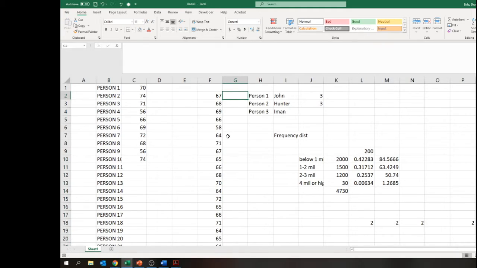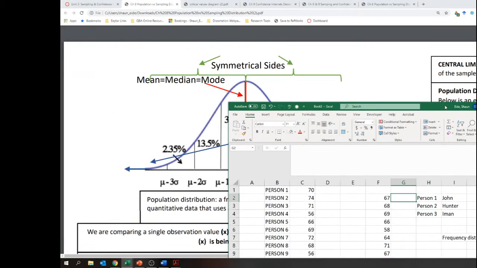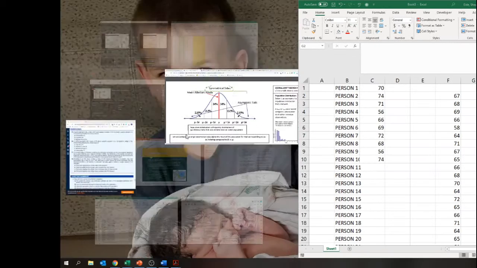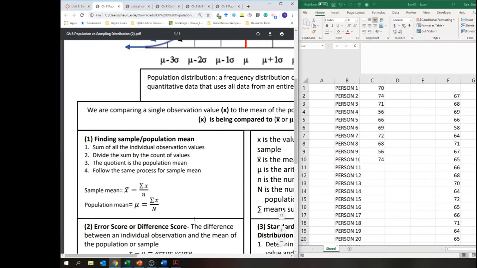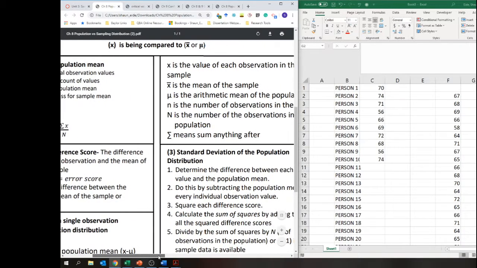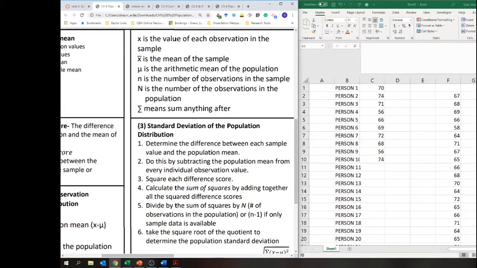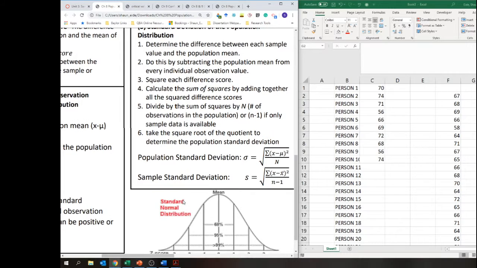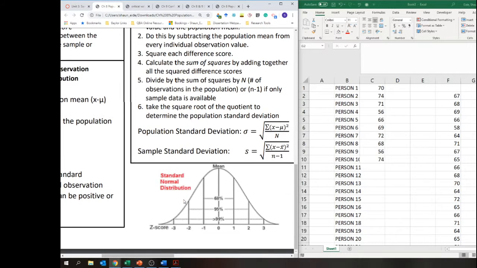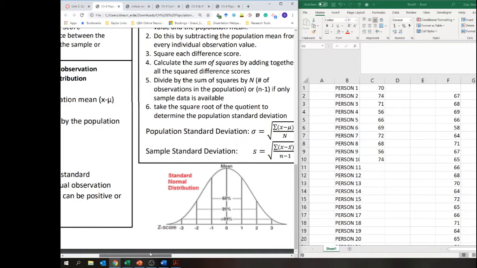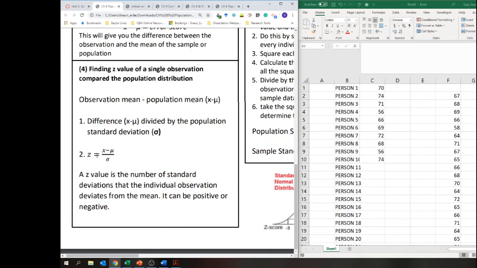If I were to ask, what is the probability that one particular person is going to be below a particular point? You can use the normal probability distribution formula, where you find the z-score, see how far away that is from the mean, and then compare the z-score to the z table.